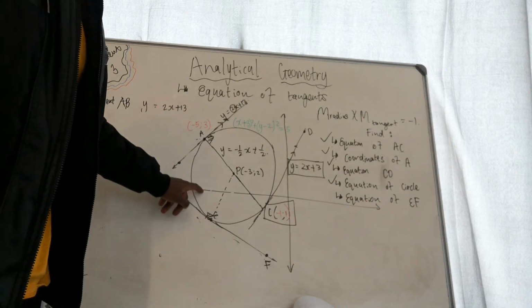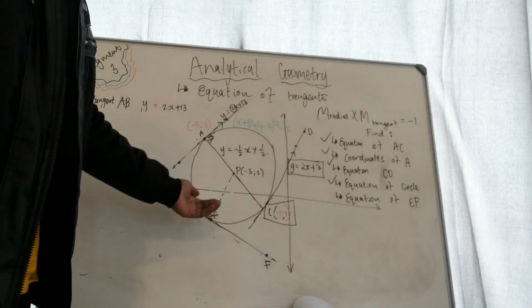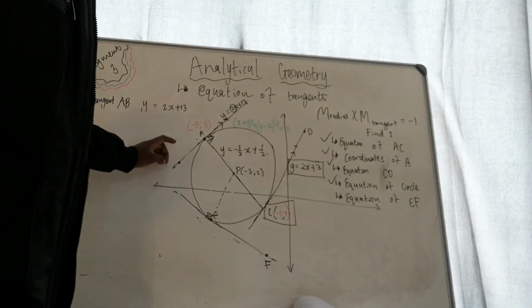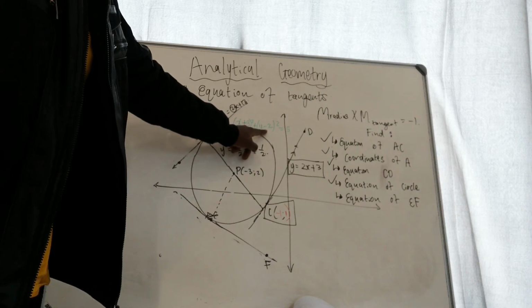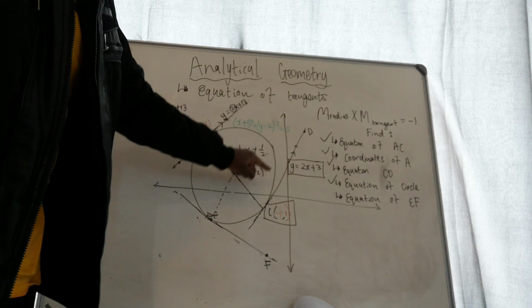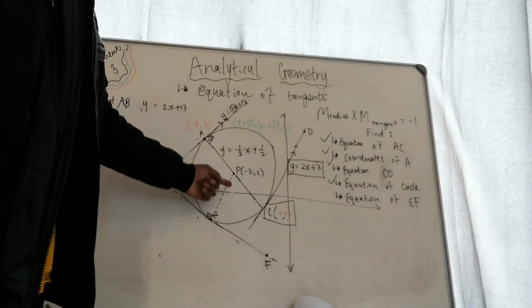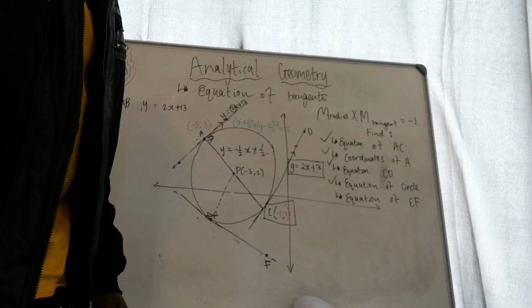So it was supposed to be up there, and that's how we're going to be able to find the coordinates of E, because we're going to be saying that the y coordinate is 0. So we're going to put 0 there, and we're going to use the equation of the circle to solve for the x coordinate of the E there, right?